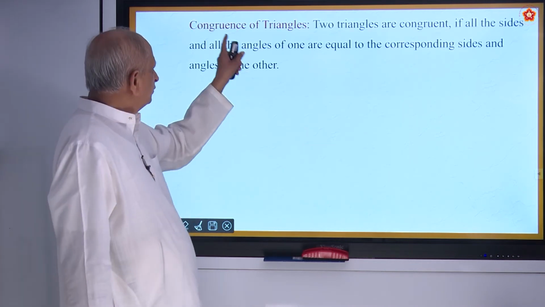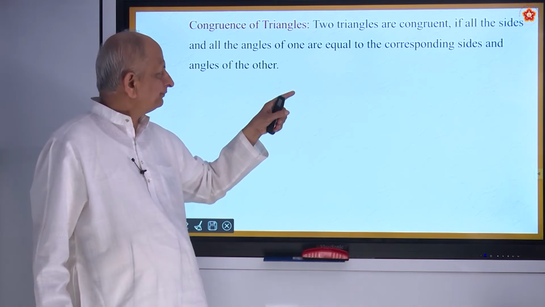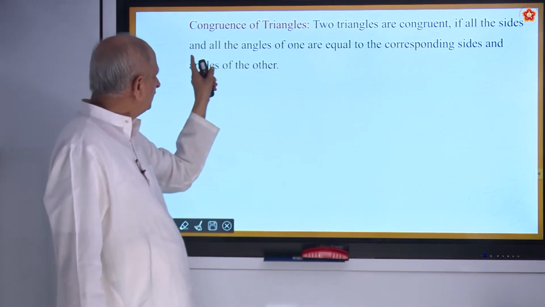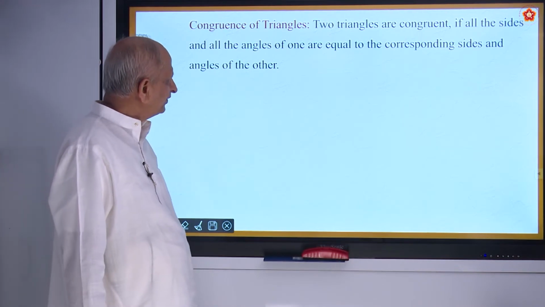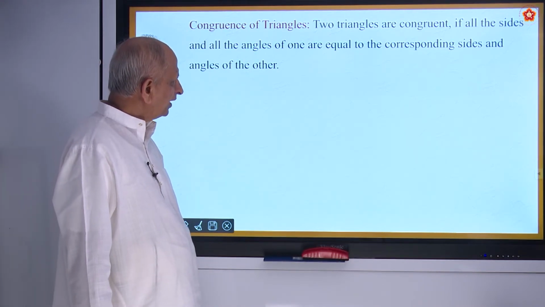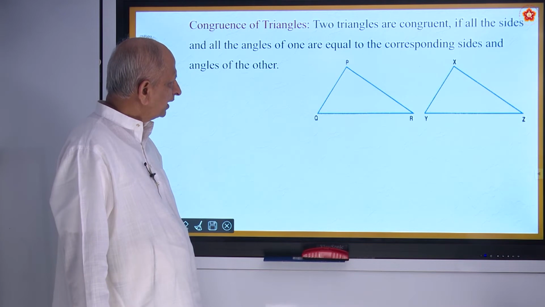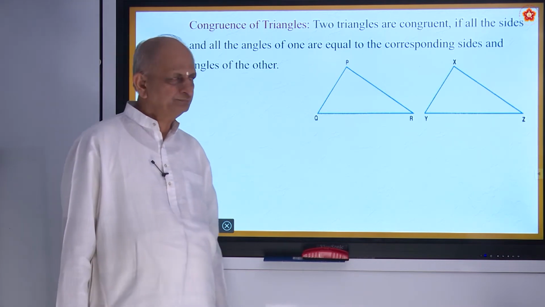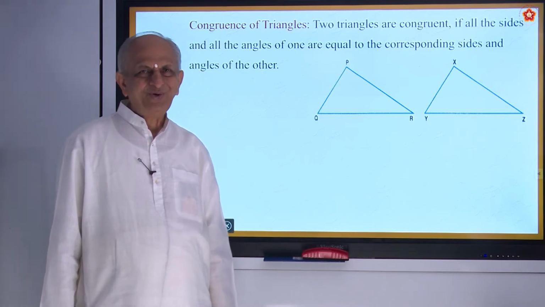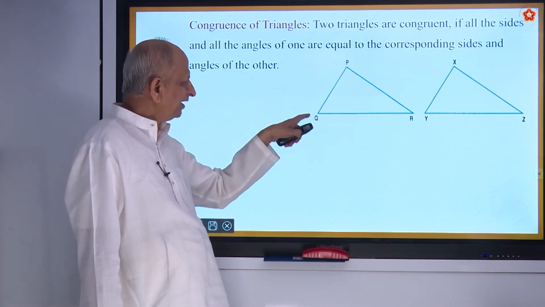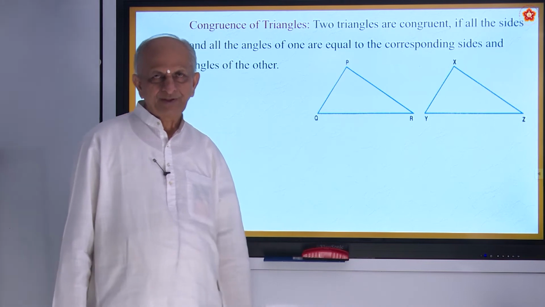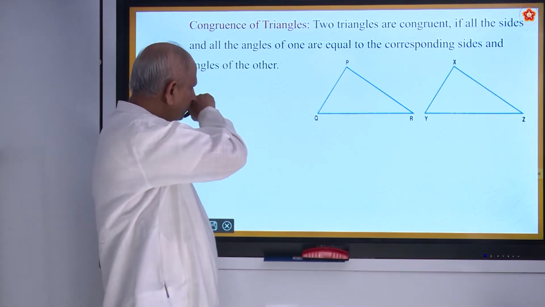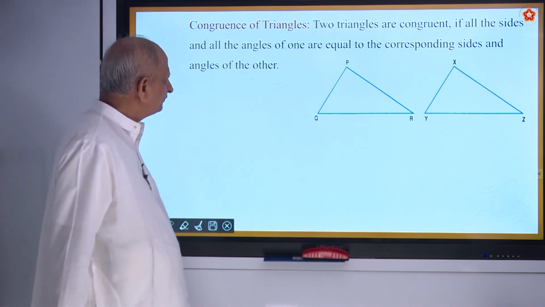Now, congruency of triangles. Two triangles are congruent if all the sides and angles of one are equal to the corresponding sides and angles of the other. In a given triangle there are how many sides? 3 sides. And how many angles? 3 angles.